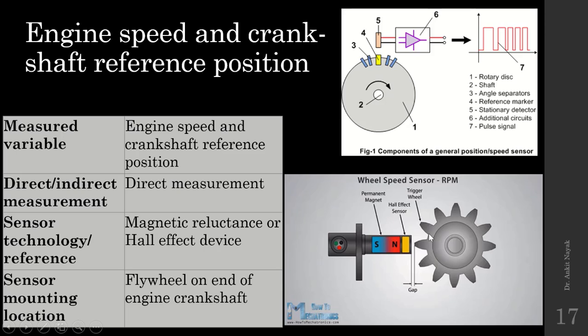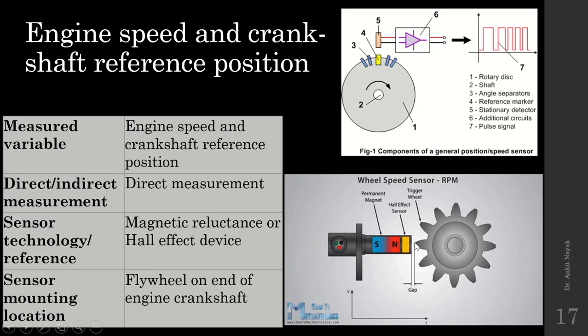Another way of such measurement is the Hall effect sensor. You are very much familiar with this kind of sensor. Here you can observe a trigger wheel, which has some gear teeth.